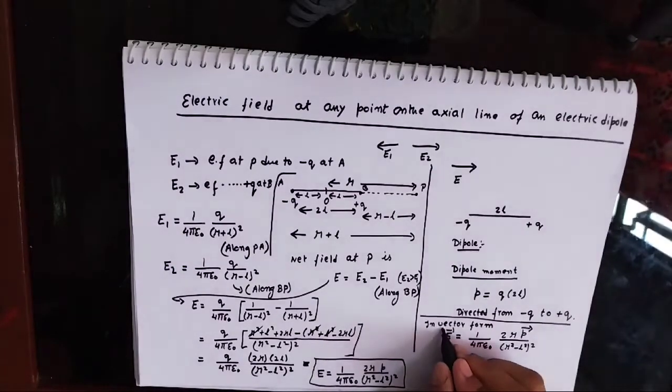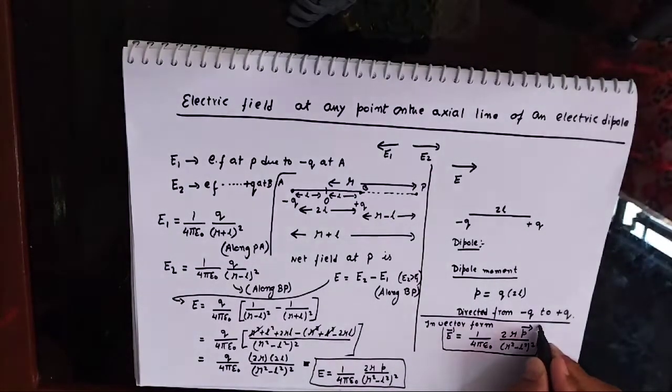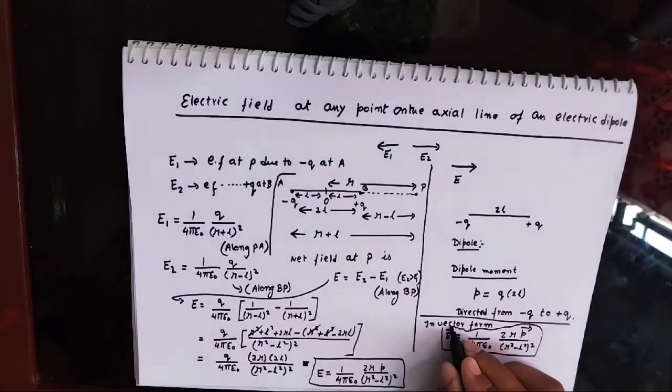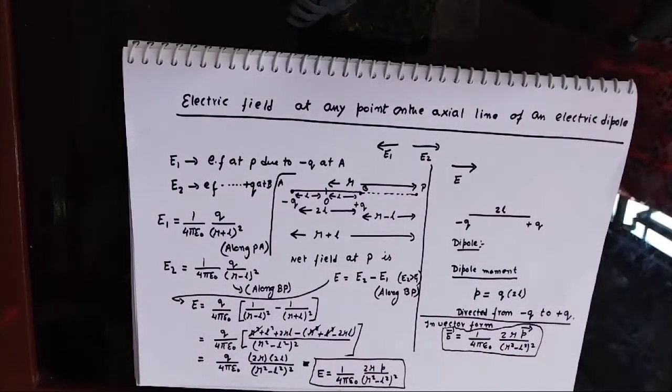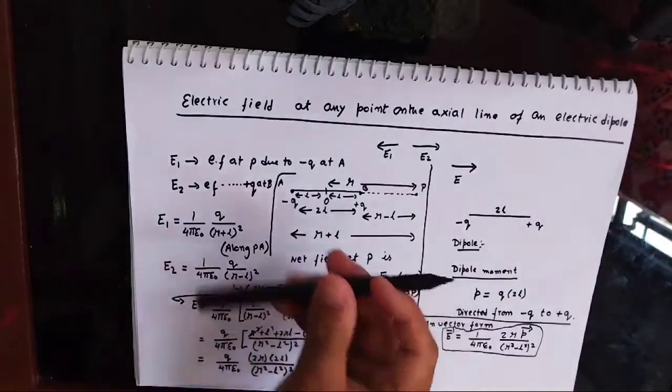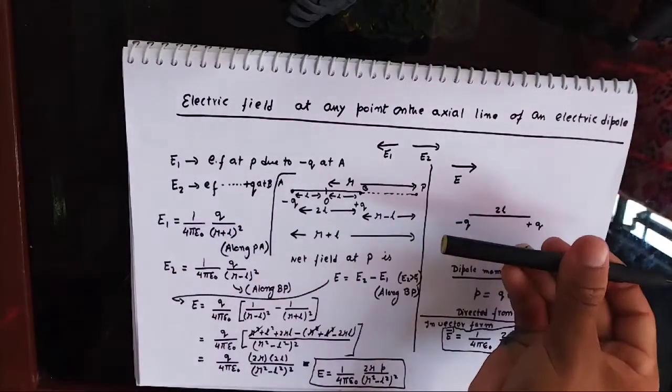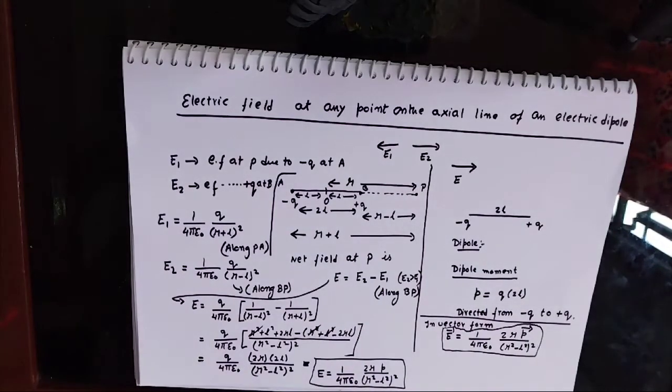So this is the vector representation of electric field at a point P on the axial line. Why can we write P vector here? Because the electric field is in this direction and the dipole moment is also in this direction. So since electric field and dipole moment are in the same direction, we can write like this.